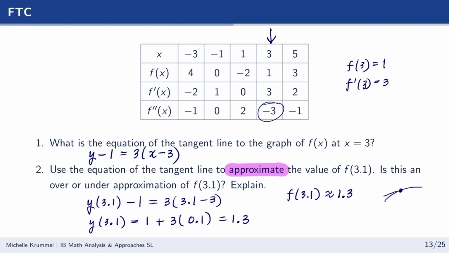So our tangent line is above the curve, meaning it's going to give us an overestimate, but that's only true if the graph is still concave down at x equals 3.1. So we don't quite know that for sure, but if we are comfortable making that assumption, then we can say overestimate because f is concave down at x equals 3.1. Again, we don't know that for certain. I'd feel more comfortable if we had a little bit of extra information.